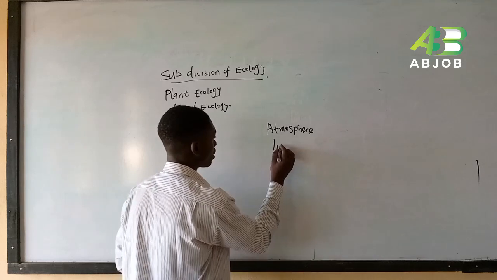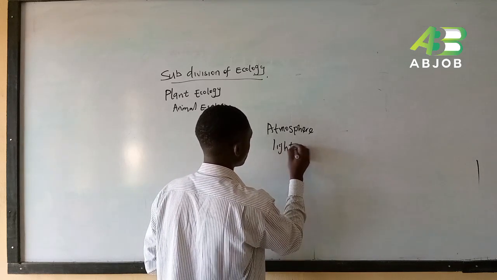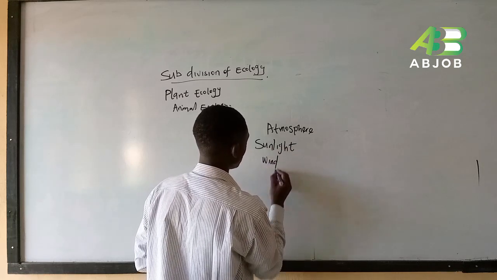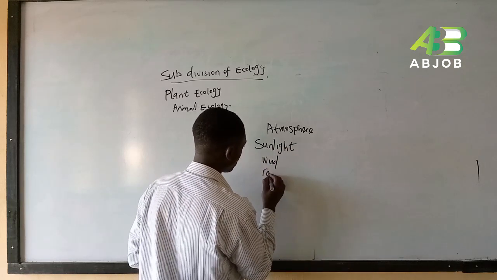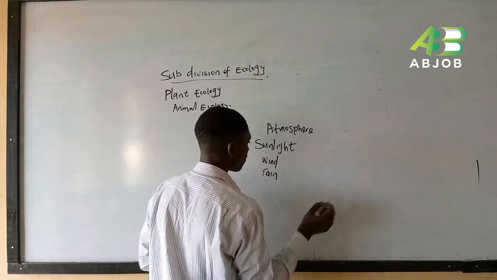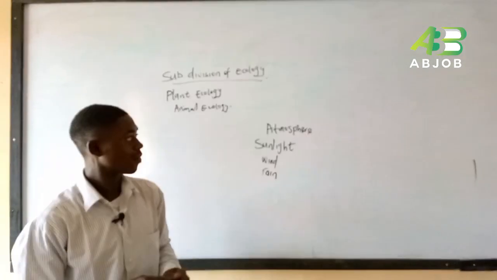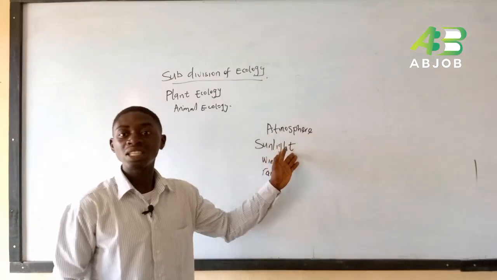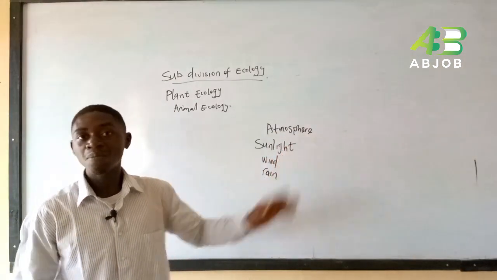We have sunlight. We have wind. We have rain. We have stuff like that, etc. Now, how does the sun react with plants?